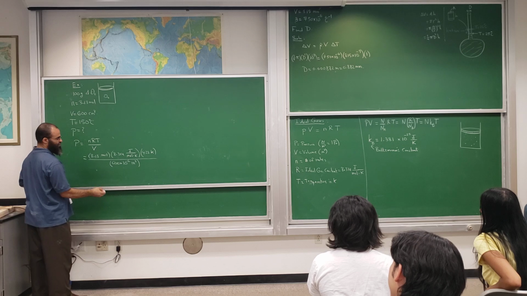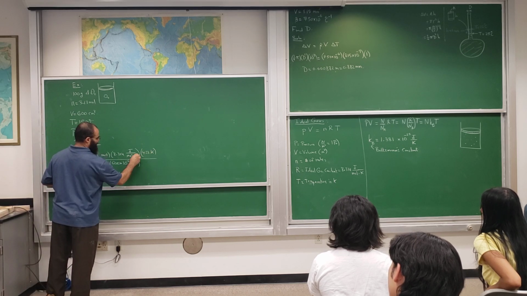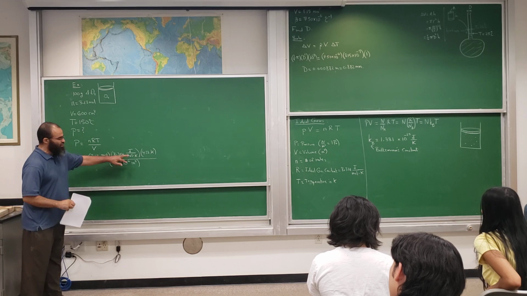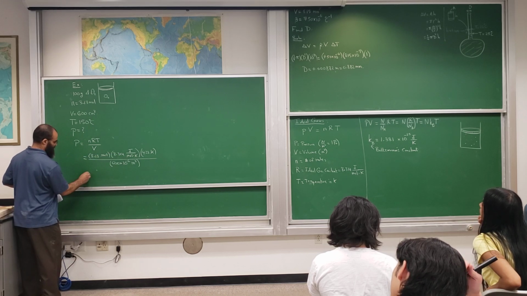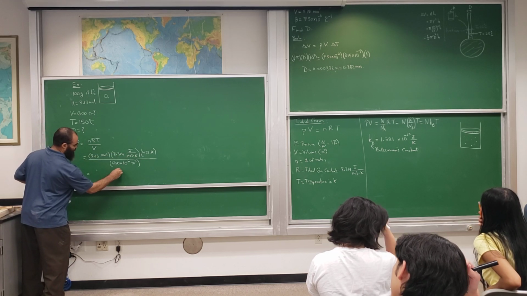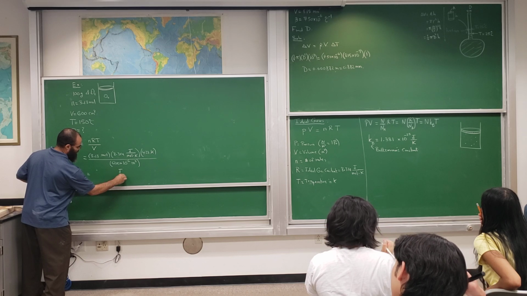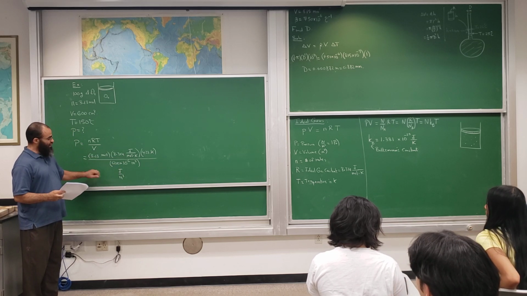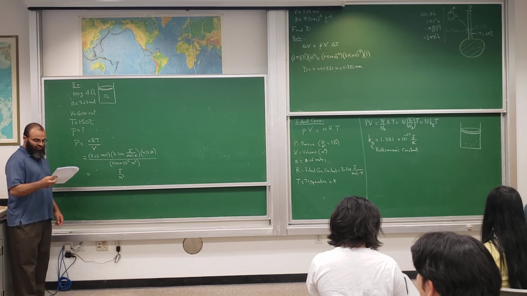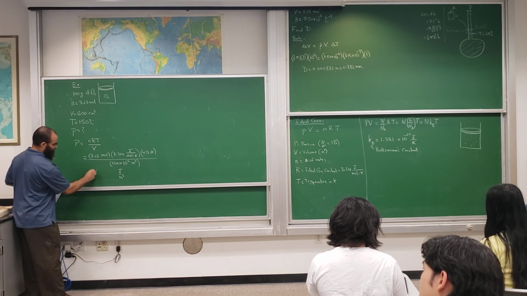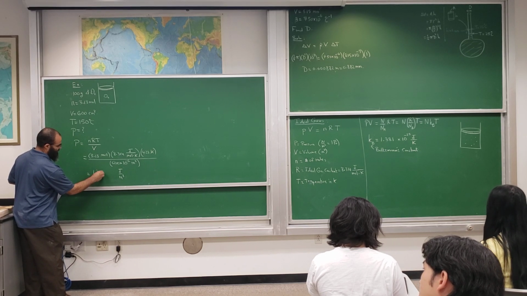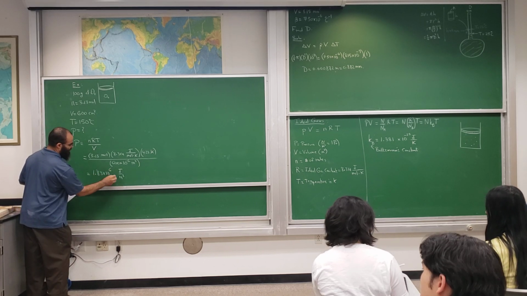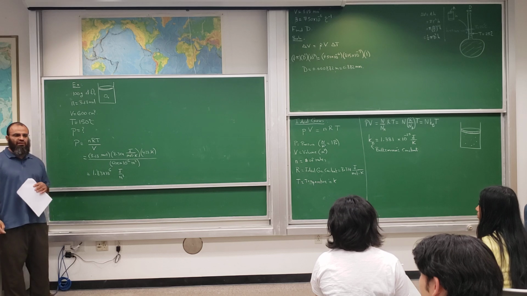Moles, Kelvin. And so we just have joules per cubic meter. Multiply these and divide, and the pressure would be 1.83 times 10 to the 6th power joules per cubic meter.